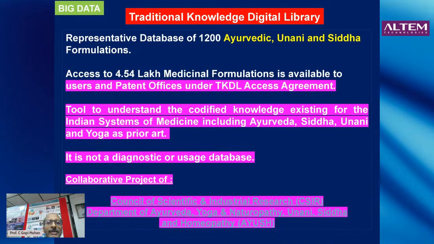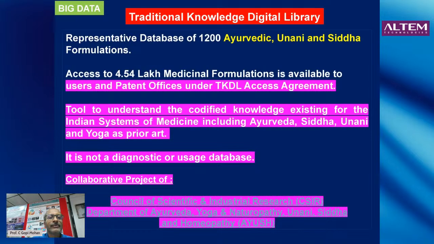The Traditional Knowledge Digital Library, which I mentioned earlier, has around 1,200 Ayurvedic, Unani, and Siddha formulations. This is also our ancient system of medicines, which has a lot of information in different ancient books.